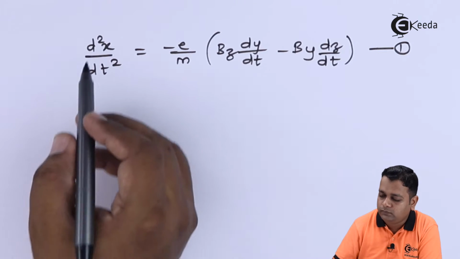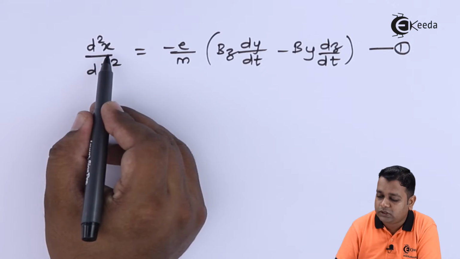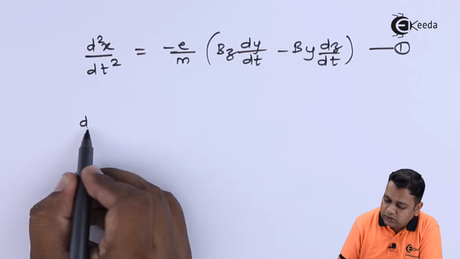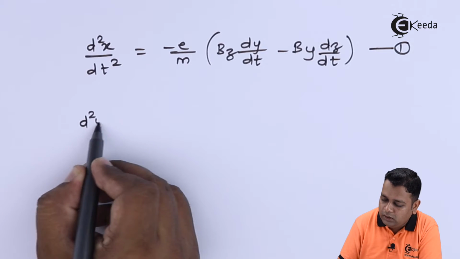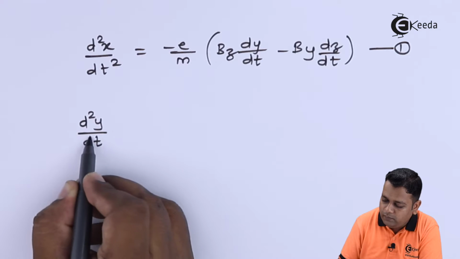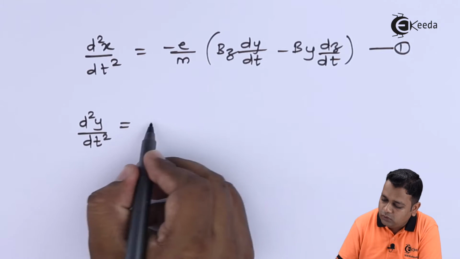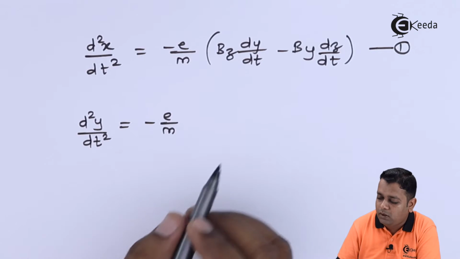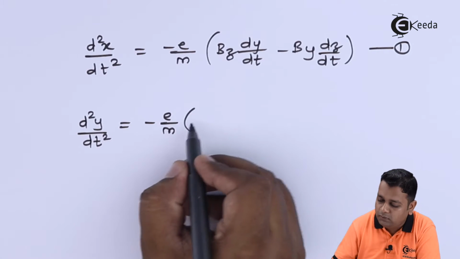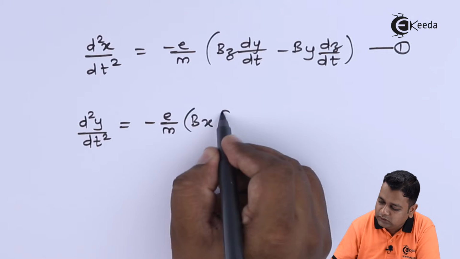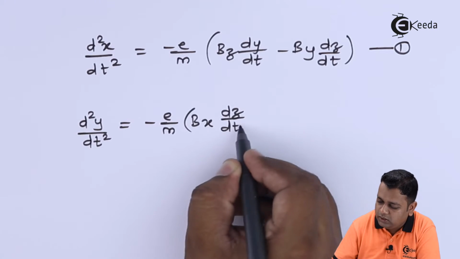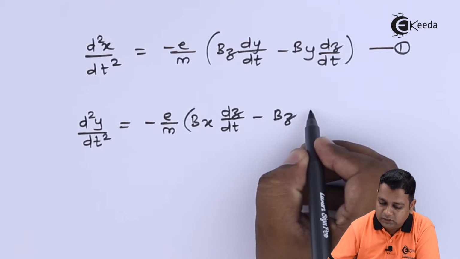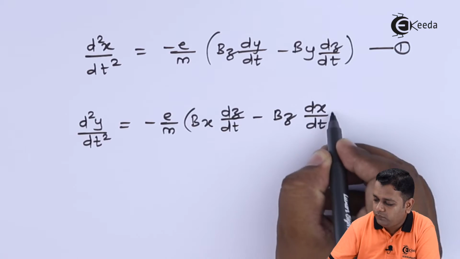The other equation, so this is actually the acceleration with respect to the x direction, d2x upon dt square. The next equation will be representing d2y divided by dt square. This is equal to minus the ratio e by m, charge of the electron divided by mass of the electron. In the bracket we shall have Bx into dz by dt, the z component of the velocity vector, minus Bz into dx by dt.